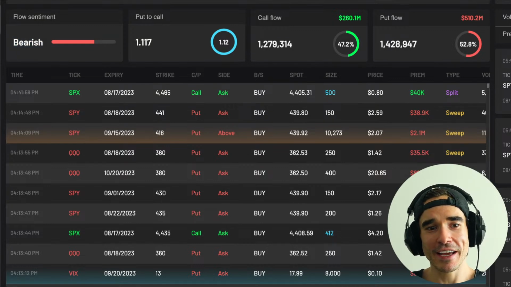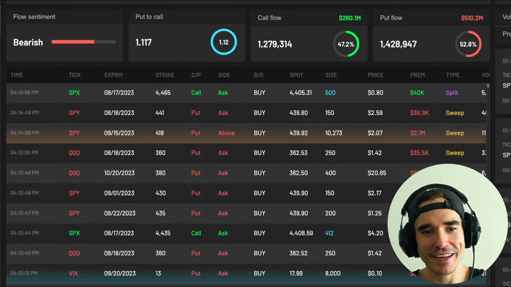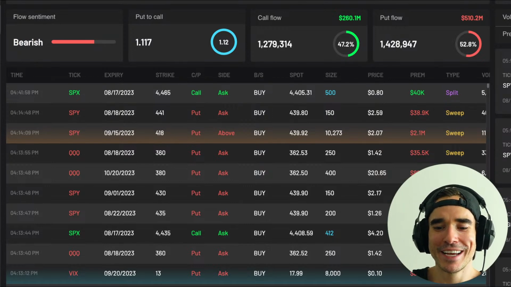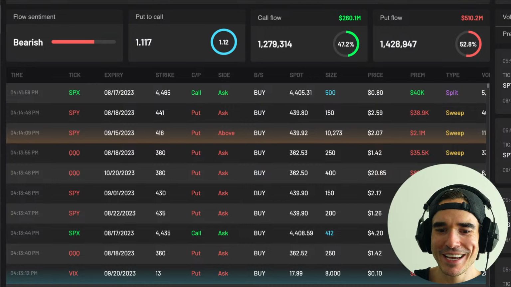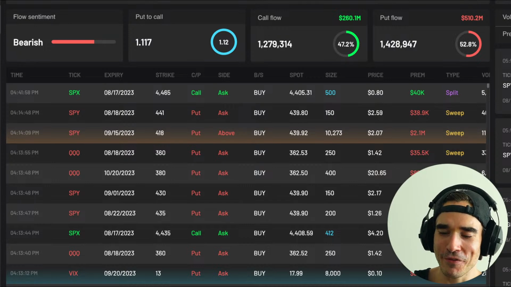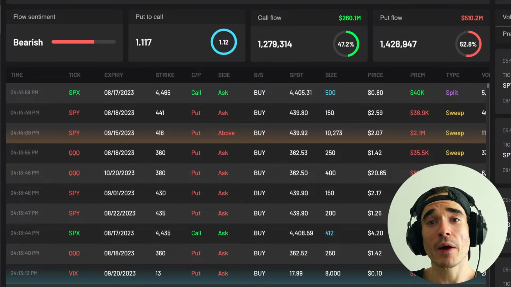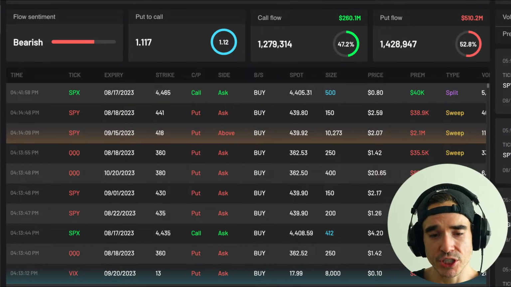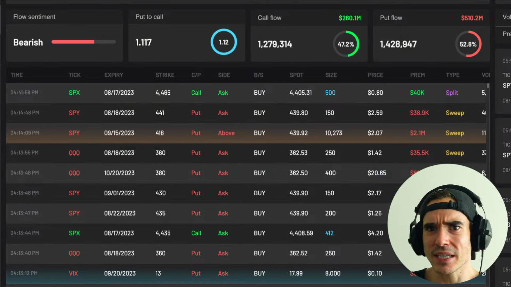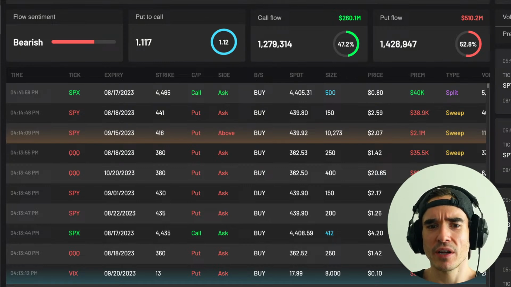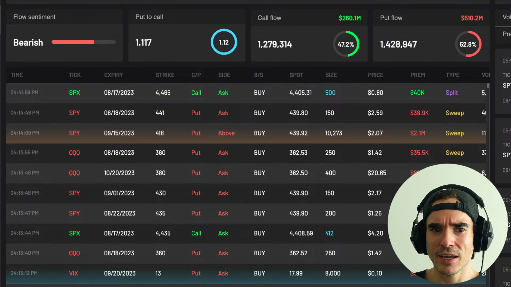And I'll tell you, it makes a huge difference in your performance if you have a tailwind versus a headwind. That's why we like to hang out here, and I like to put the show on, because I think this stuff is super valuable. I'm no expert in any of it, but we can all look at the numbers, look at the charts.